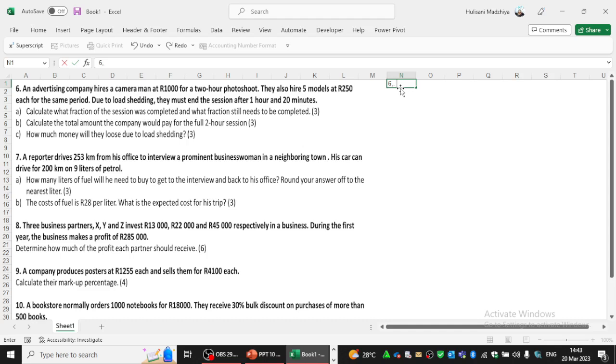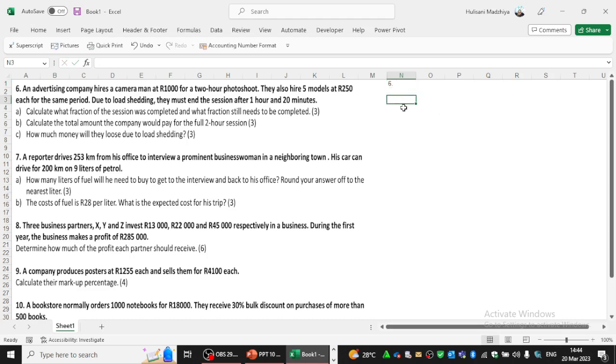What is happening here is that you are given information in hours and minutes. So it is up to you as a student to decide whether to convert the hours into minutes or the minutes into hours, so that we can compare the time that was used with the time that was available.